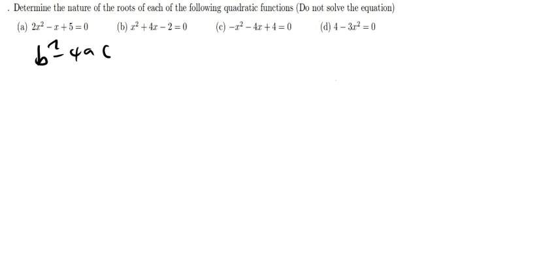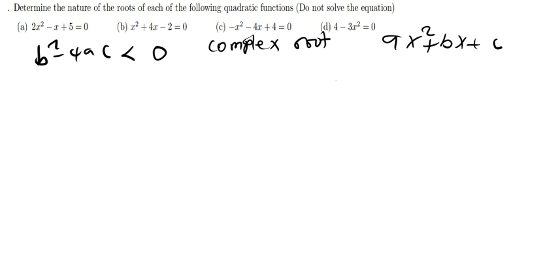When you have the equation in the form ax squared plus bx plus c, if you plug in the values and you find that the answer is less than 0, then you are going to have what we call complex roots, or in other words, not real roots. But in most cases we use complex roots.